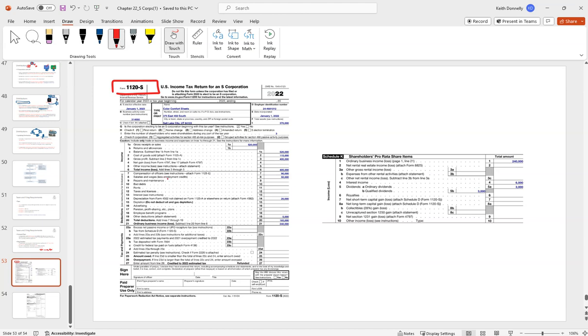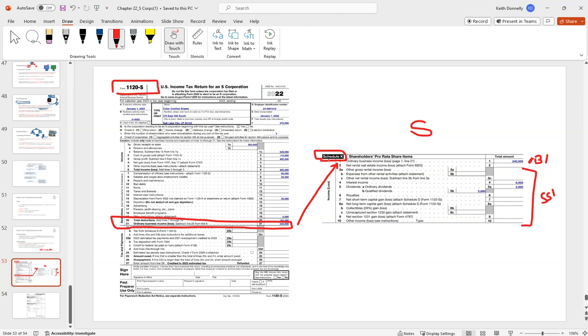What you essentially do here is on page 1, you're going to get your ordinary business income. That is going to carry over to your Schedule K. And this is at the S corp level. So you'll have your ordinary business income or loss, and then afterwards you'll have your separately stated items.